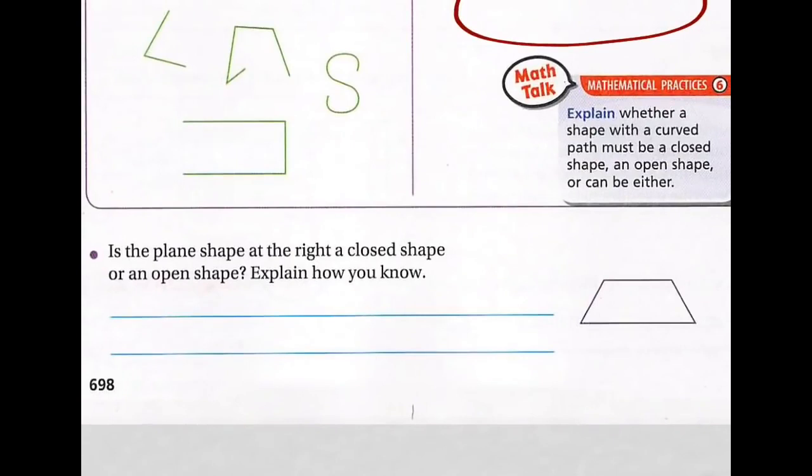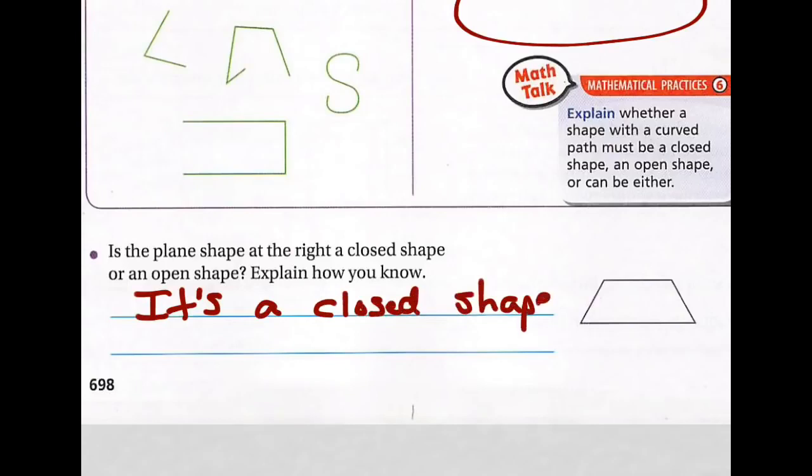Okay, is the plane shape at the right a closed shape or an open shape? And we have to explain how we know. It is a closed shape, because it starts and ends at the same point.